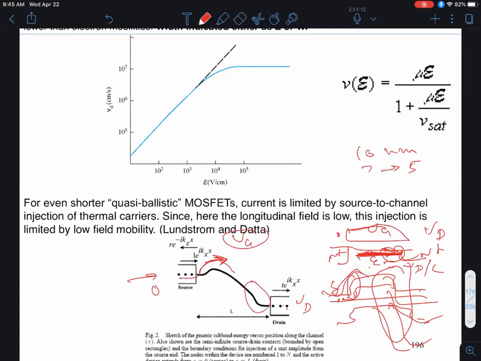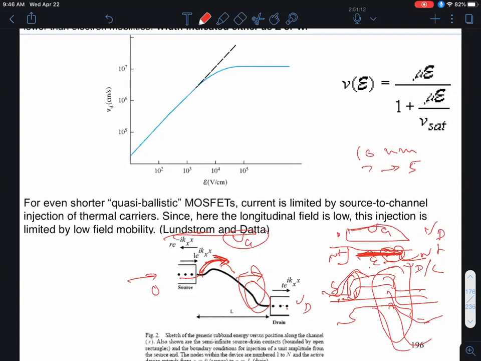So it's not limited by the electric field and the saturation drift velocity, mostly in the pinch-off region, but it's now limited by source injection across this source to channel barrier. So that's the latest evolution of the story of transistors. And this physics was developed at Purdue by Dr. Mark Lundstrom.